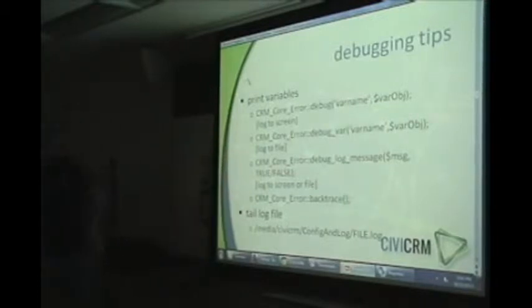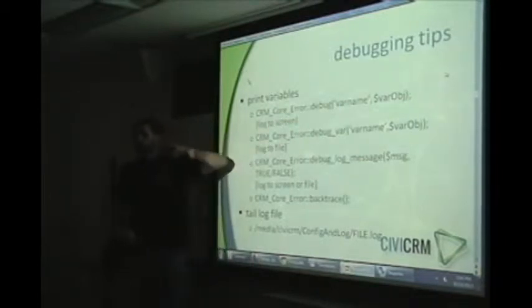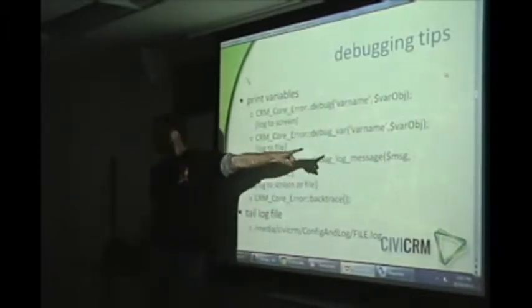All right, so Civi has a bunch of ways that you can just make your life easier with debugging. There's a CRM core error class, which doesn't just spit out errors, but it also allows for some debugging tools. So there's a debug method, a debug var, and a debug log message. They're all very similar.